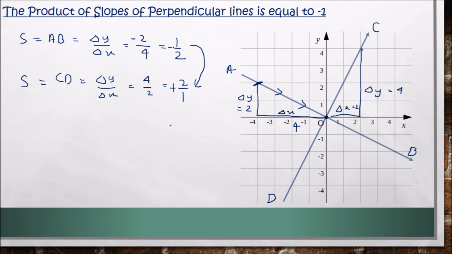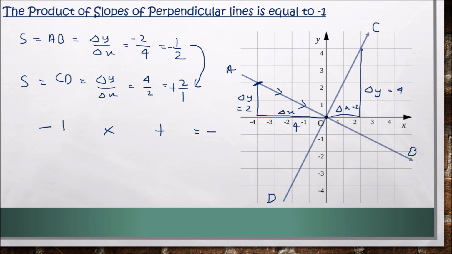Now let's learn why the product of slopes of perpendicular lines is equal to -1. Because minus times plus is always minus, and the product of reciprocal fractions is always equal to 1.